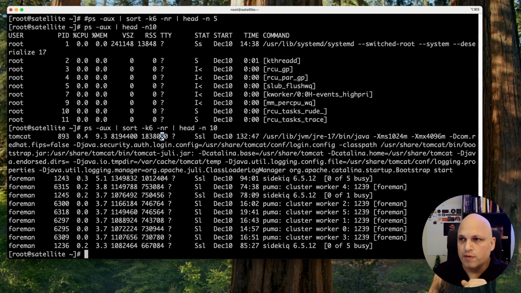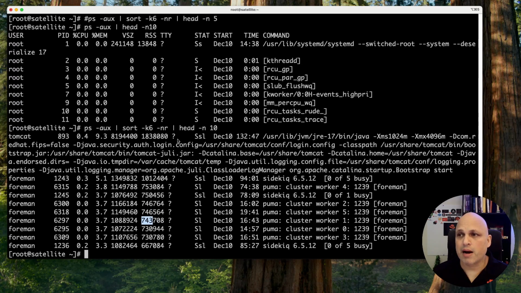We have kilobytes, megabytes, gig, 1.8 gig. The next one is something near 1 gig. This one, 753 megabytes. This one, 750 megabytes. 746, 746, 743, and go on. Okay?